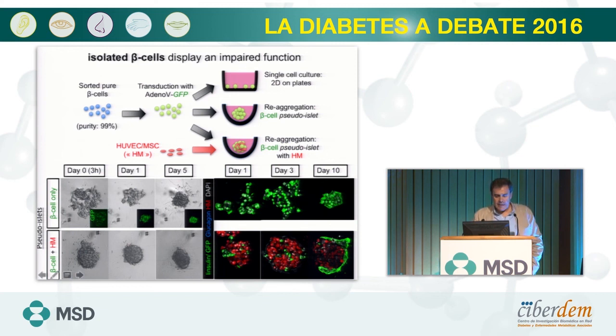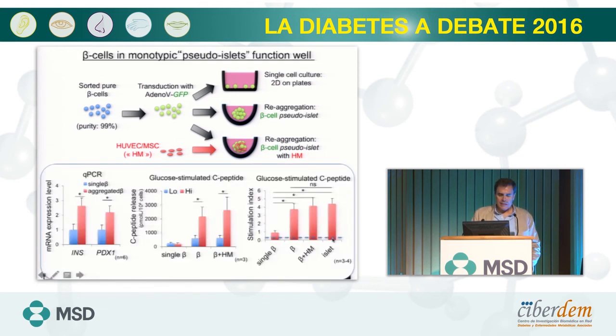But the interesting thing is that these aggregates of beta cells secrete insulin very nicely in response to glucose. So you see the levels of insulin and PDX expression in beta cells before aggregation and after aggregation, and you see the difference. And also in response to glucose, as I said, these aggregates of pure beta cells or beta cells with HUVEC cells secrete insulin in response to glucose.